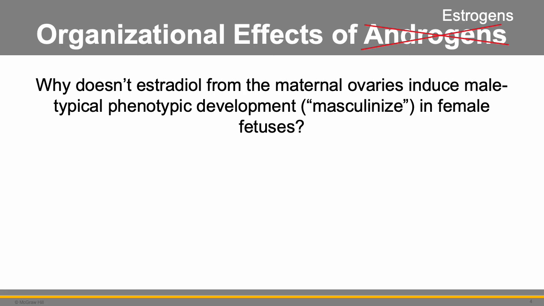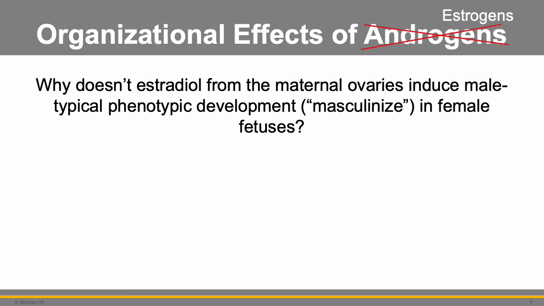But that aside, this is still something that you see in the literature, and so you should know what it means. And so the masculinization just means the development of any kind of anatomy or structure that more closely mirrors a typical male trajectory than a female trajectory.